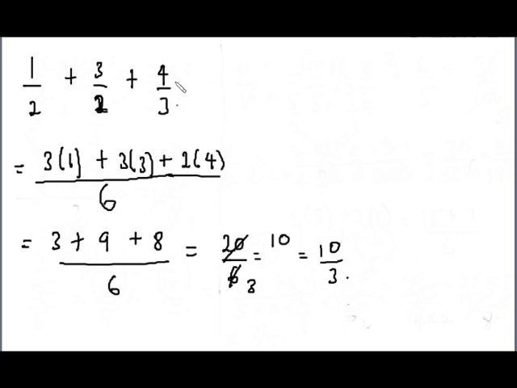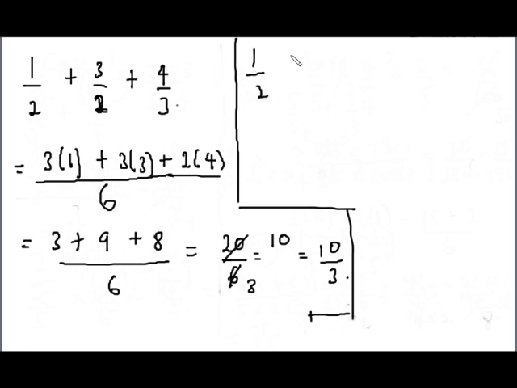Now, alternatively, we can solve this another way. If you have a problem finding the LCM of 3 or more fractions, you can just multiply the denominators together. So in this case, we'll be saying 2 times 2 times 3, which is 12.